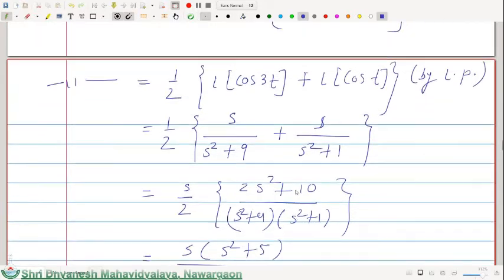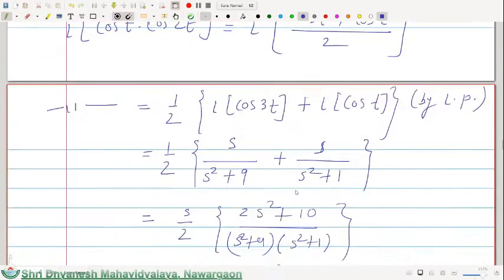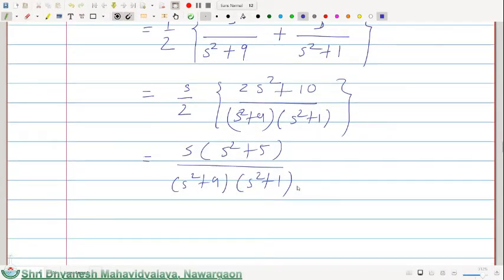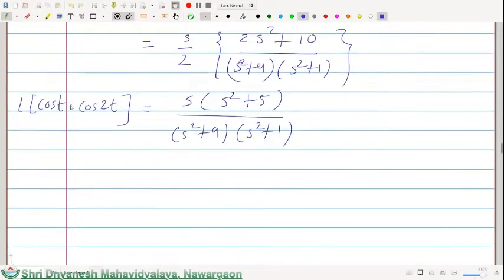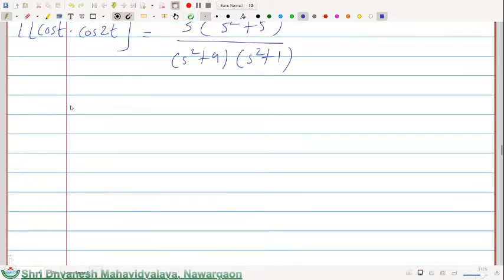So this is the required Laplace transform of cos t into cos 2t. Okay, now we go to the next example.